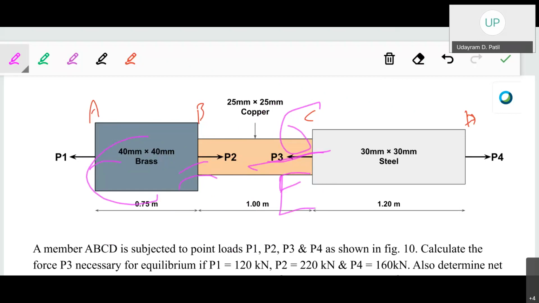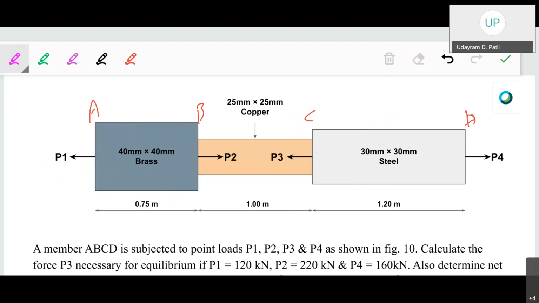Okay, and from that, we can easily calculate delta L is equal to epsilon, that is the strain, multiplied by the original length of that particular member. Okay, you just have to find out the load first. So first we have to calculate the load. Okay, from the load we can easily calculate the particular delta L.